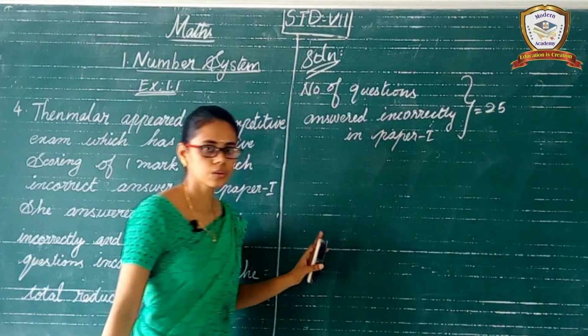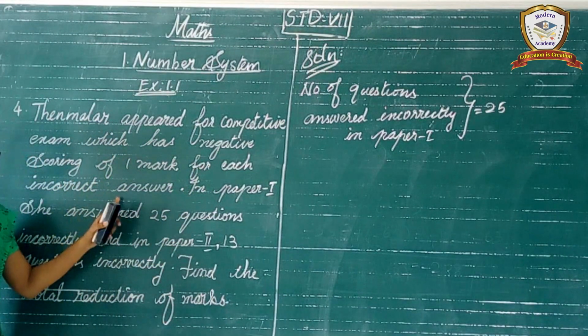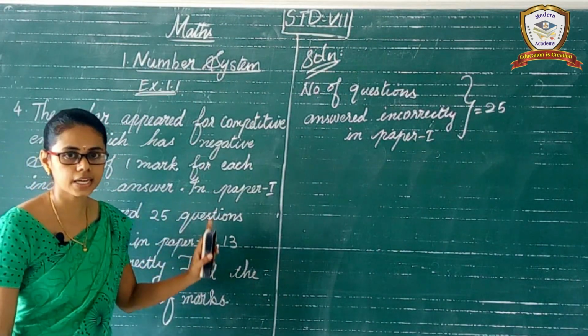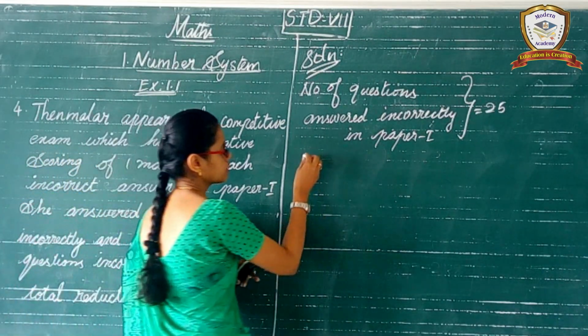For each incorrect answer there is minus 1 mark, that is negative scoring.